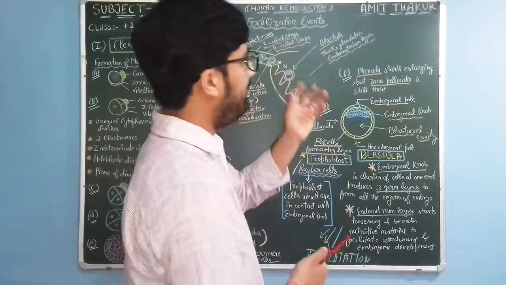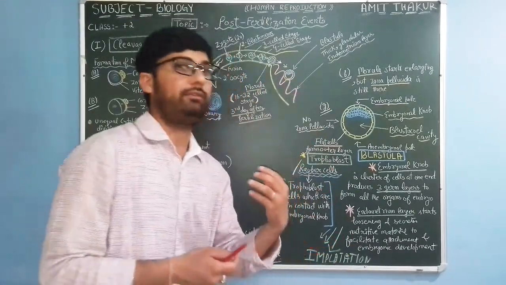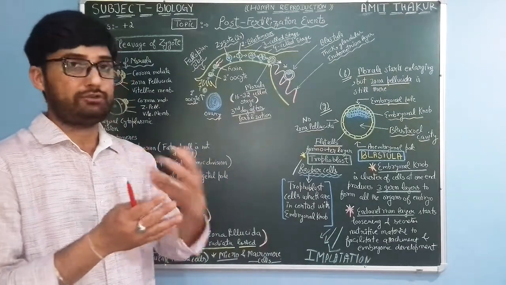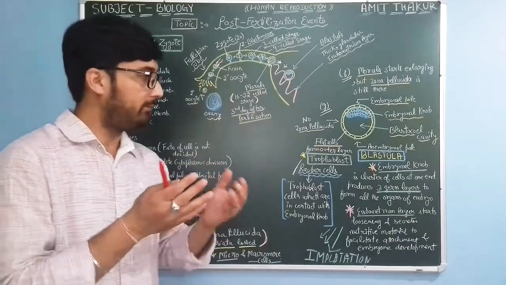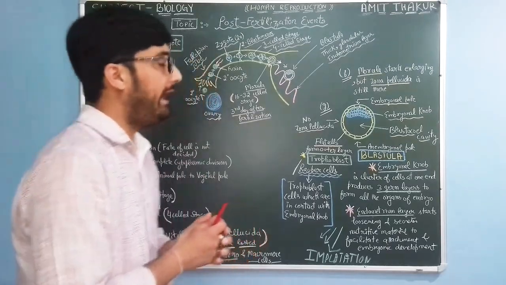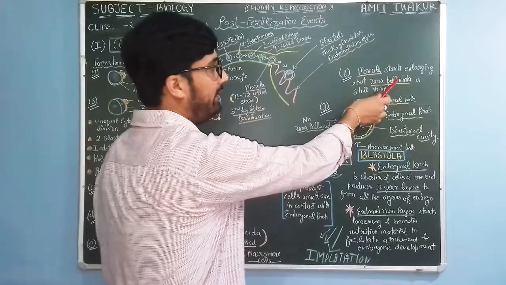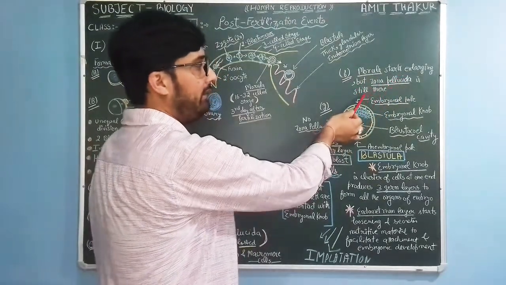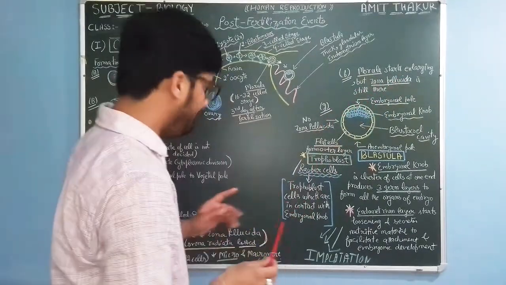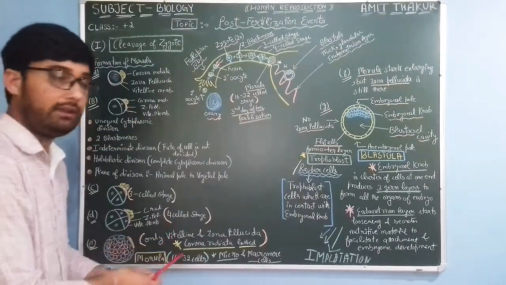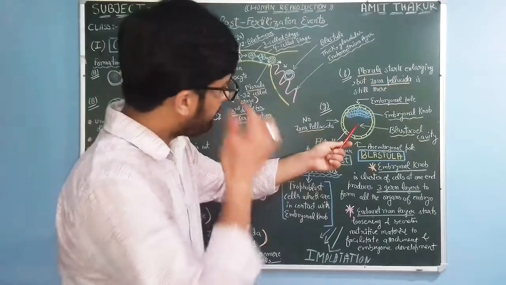And when the size increases, it starts becoming a blastula, or it would enter into the blastula stage. So the morula starts enlarging, but the zona pellucida is still there. ठीक है, अभी भी zona pellucida यहाँ पे है. यहाँ पे कौन सी लेयर खत्म हुई है अभी? Corona radiata.